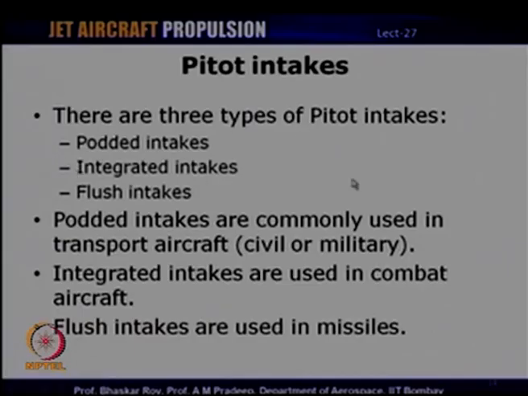Then we have integrated intakes and flush intakes. Podded intakes are usually used in transport aircraft, both civil as well as military. Even in military, there are certain types of aircraft which are used for transport of military equipment, and those types of aircraft are normally the ones which would use a podded intake.